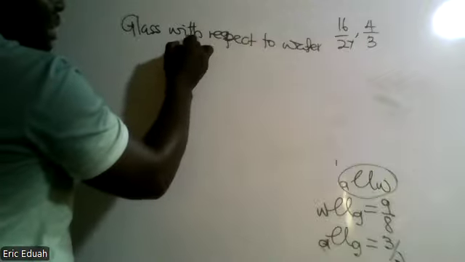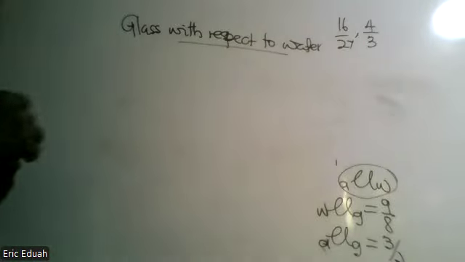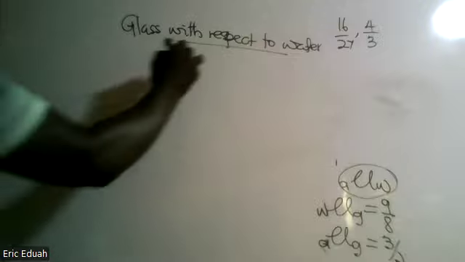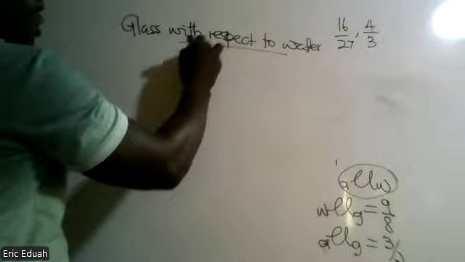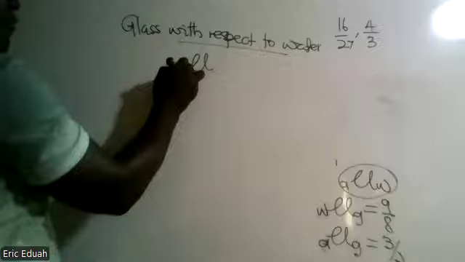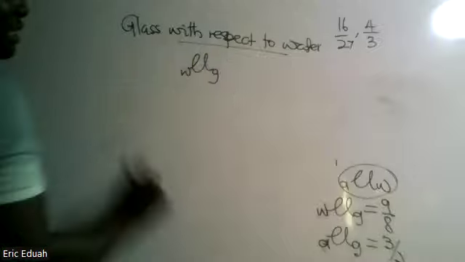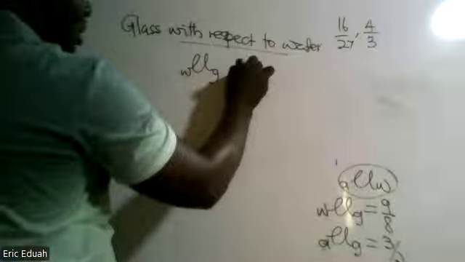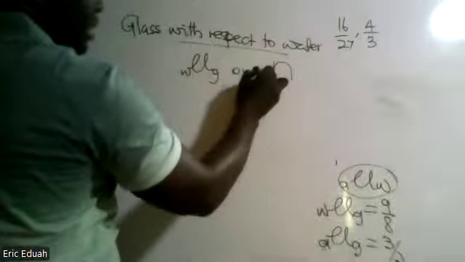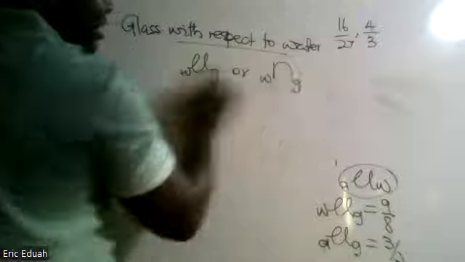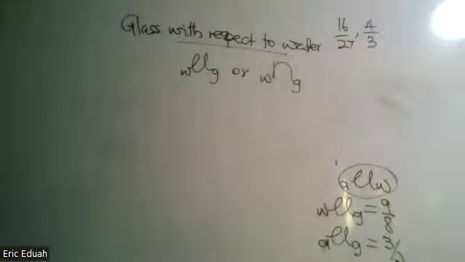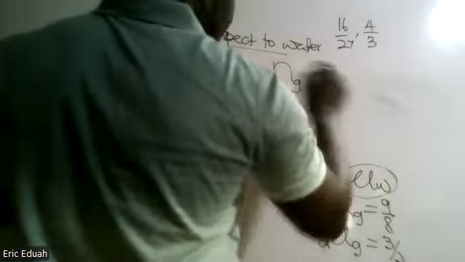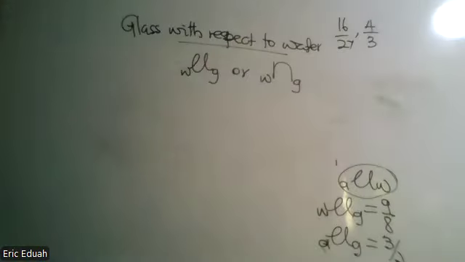With respect to means to water. So this becomes mu from water to glass, or the symbol can also be written differently, whichever one you are comfortable with. That's the meaning of with respect to.